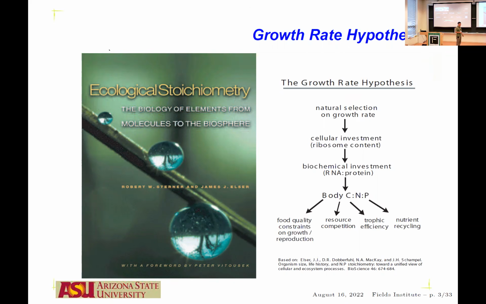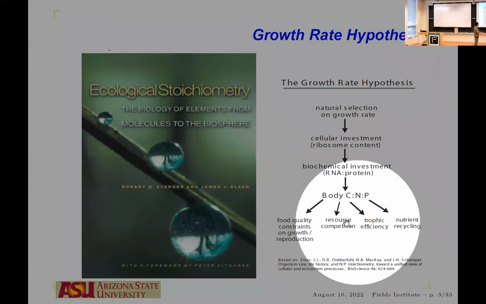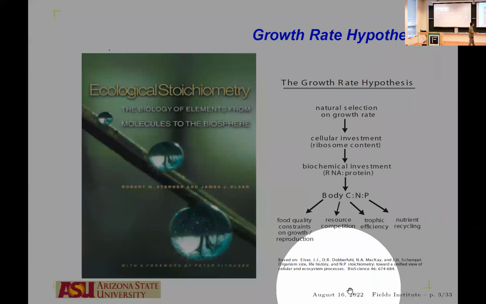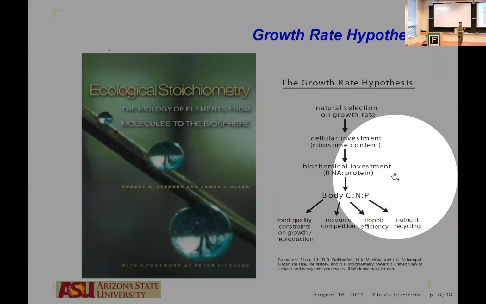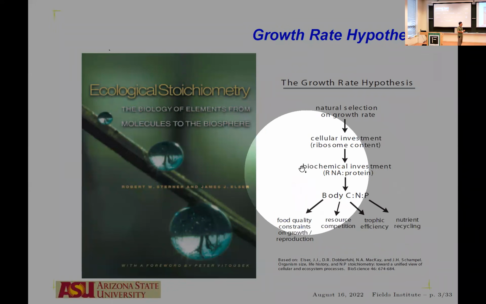In fact, we are still in our third year of a big grant trying to test when the growth rate hypothesis will hold. I will get to that in a few slides. What I want to highlight is that what makes the growth rate different is the ribosome content, because that's the machinery to generate the protein.